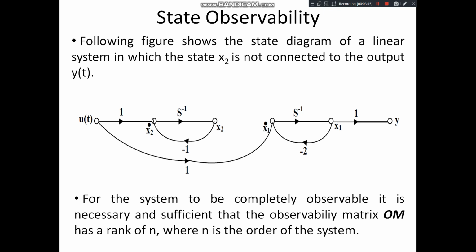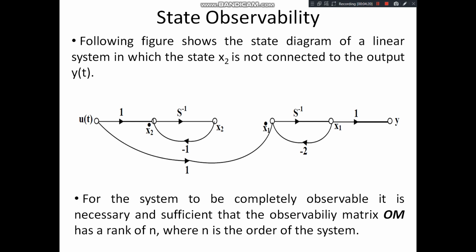For the system to be completely observable, it is necessary and sufficient that the observability matrix OM, which we determine analytically, has a rank of n, where n is the order of the system. Then we say that the system is completely observable. The rank of the observability matrix is obtained by getting its determinant.